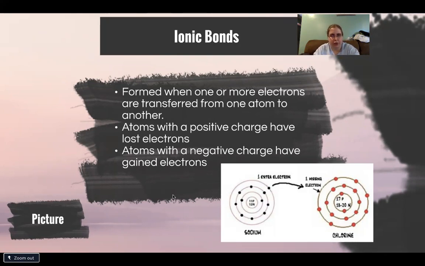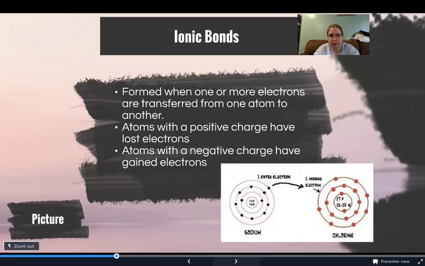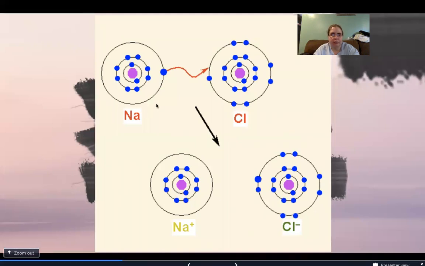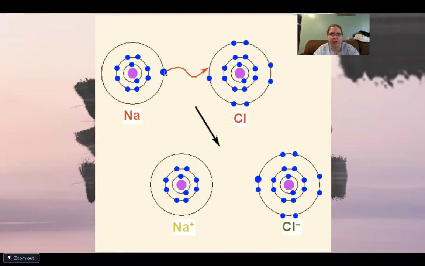All right, let's take a look at a picture a little bit closer up. Again, here we have sodium and chlorine. This electron is going to physically leave the sodium, and whether it's this electron or another, an electron is going to be added here.